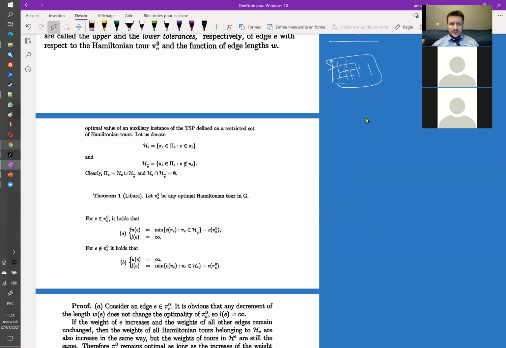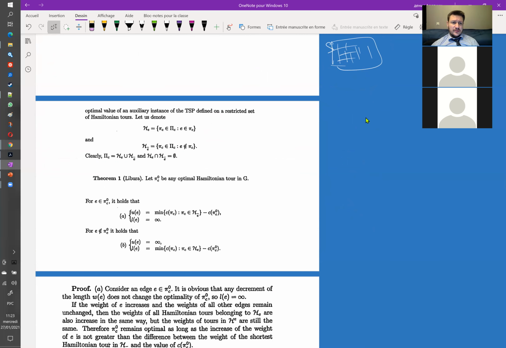Then there is some notation for this, and there is a theorem. It was proved and assigned to this guy. I don't know him, it's like Libura or something.